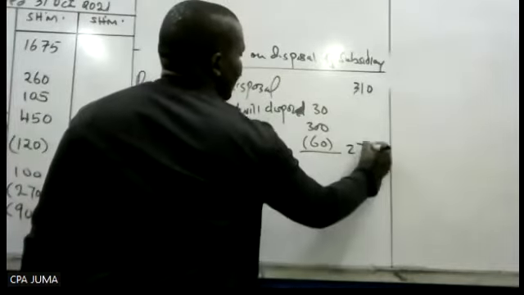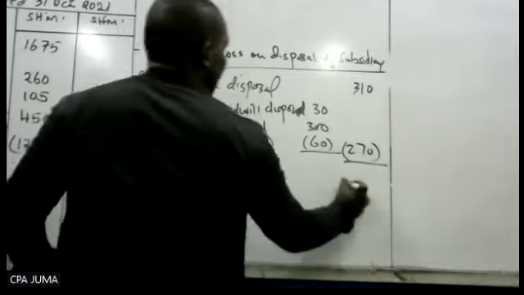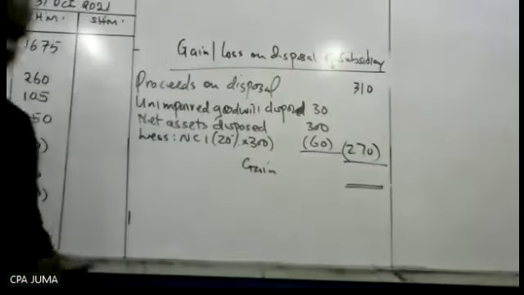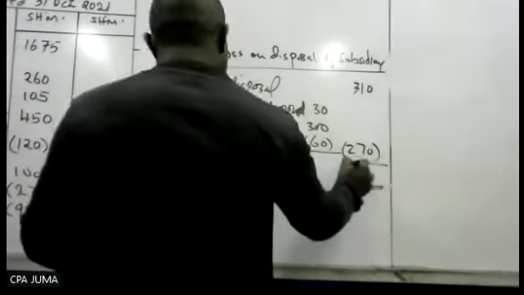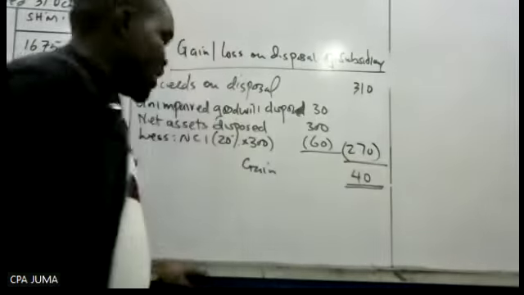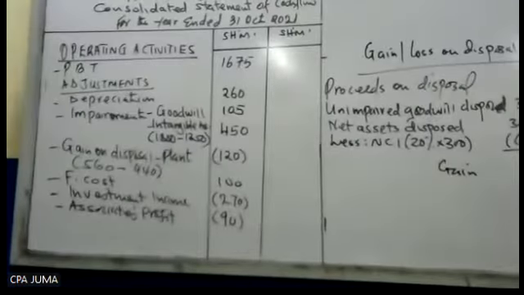So these people gain. So there was a gain of how much? 40. So that gain of 40, they have included it as part of admin. Go and remove it there. It is not an operating income.